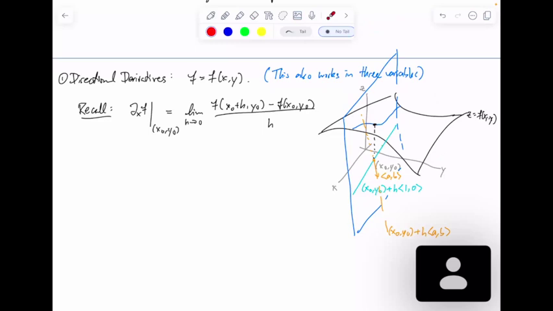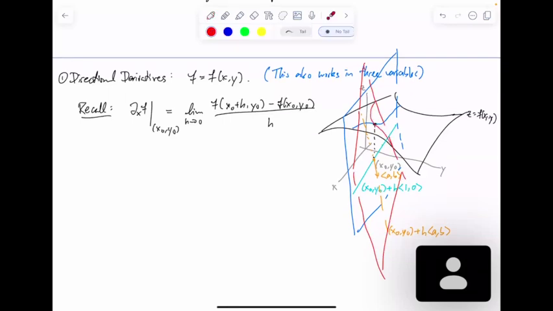And so if I'm going along this line here, I could ask a similar question: could I slice my graph this way and look at the curve this traces out? And then I could also ask what the tangent line is to this intersection line.